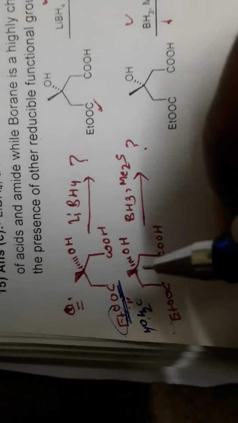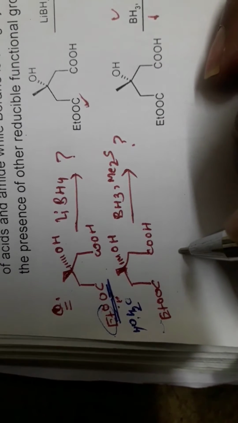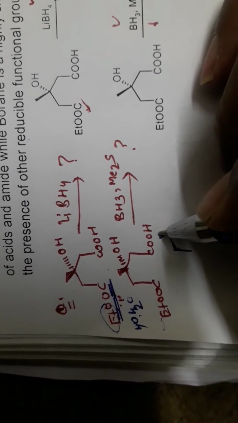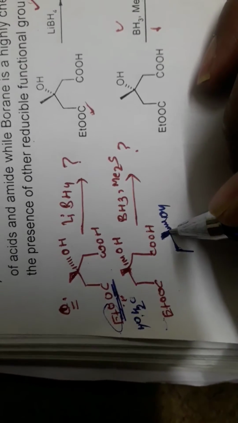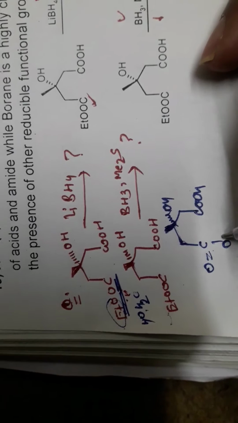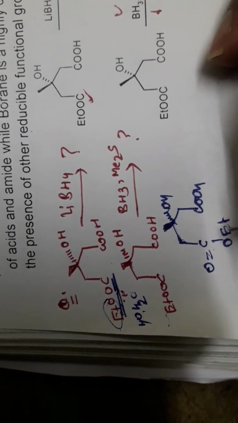So if you see, this is on the base, this is on the dash, and this is the COOH, and OEt. So lithium borohydride acts on this carbon, and in this way two hydrides will be added.